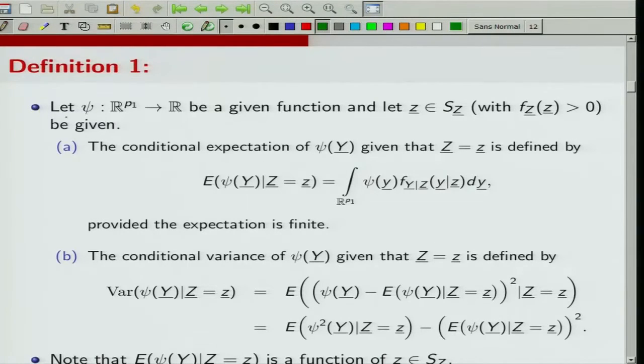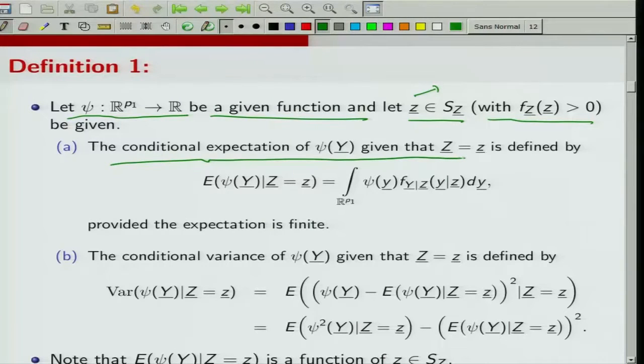So, let psi from Rp1 to Rp be a given function, and let z belonging to Sz be such that Fz(z) is positive, and suppose this z is fixed. The conditional expectation of psi(Y) given Z equals z is defined as the integral of psi(y), because z is fixed, along with the conditional PMF or PDF of y given Z equals z. We are integrating with respect to y, because y is the variable over here. So, this is how the conditional expectation is defined.